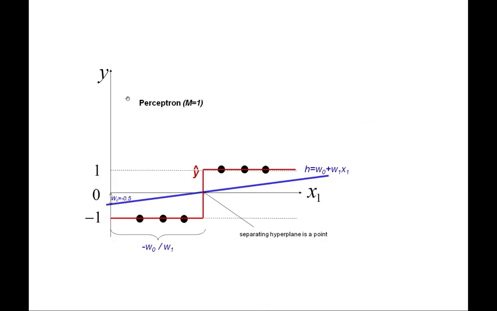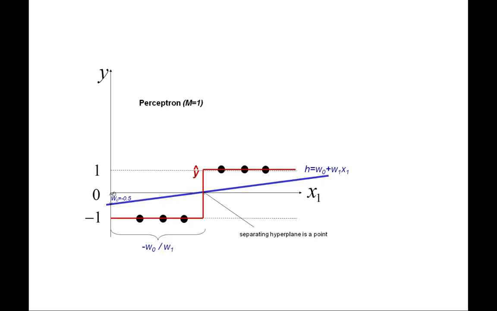It's important to visualize what is going on, and you can plot different things. Here we assume there's only one real input, so only x1, and here we plot the y dimension, the output dimension. The red is the output of our trained classifier.